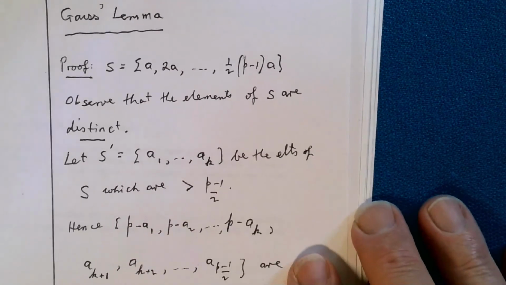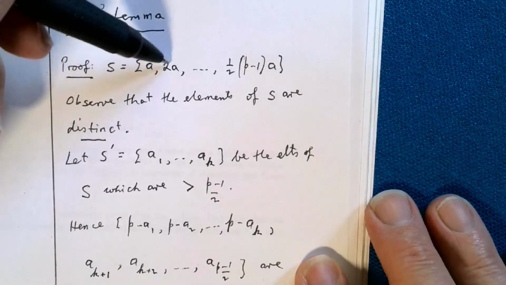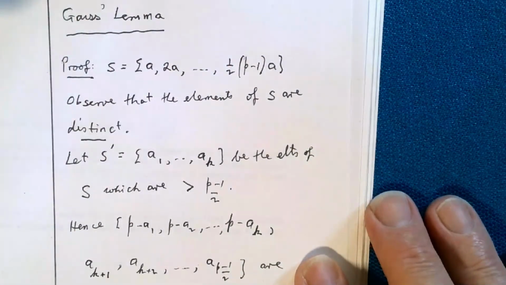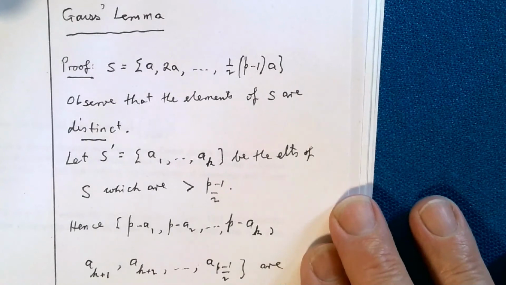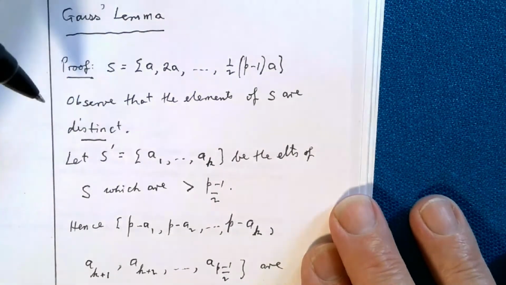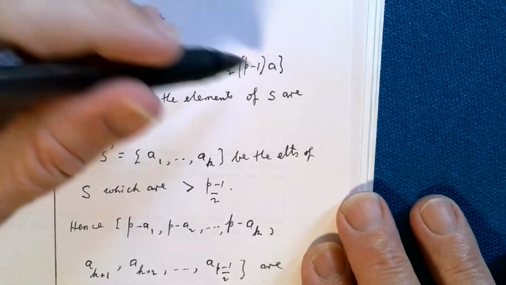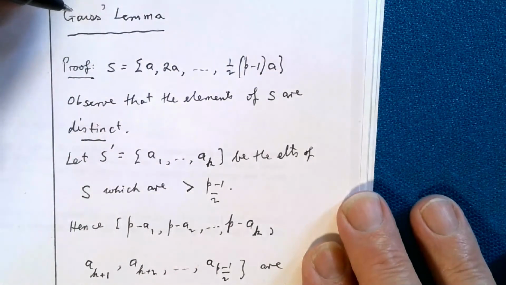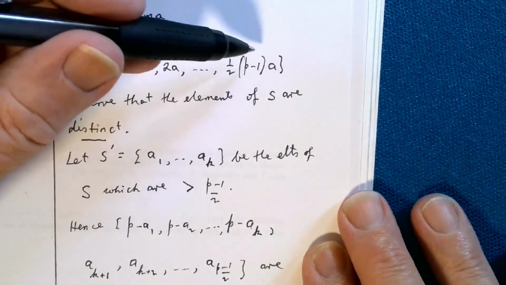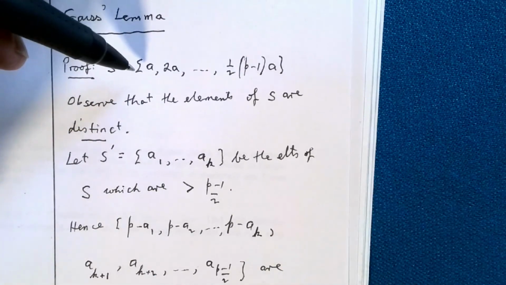So remember, what we did was we started off with this set S, which were the multiples of a, 2a, up to (p minus 1)/2 times a, and we observed that the elements of S are all distinct. Now, of course, what we have to do in Gauss's lemma, we're going to read this modulo p, because these numbers will be bigger than p in general, and you may have to reduce them down so that we get them in that set.